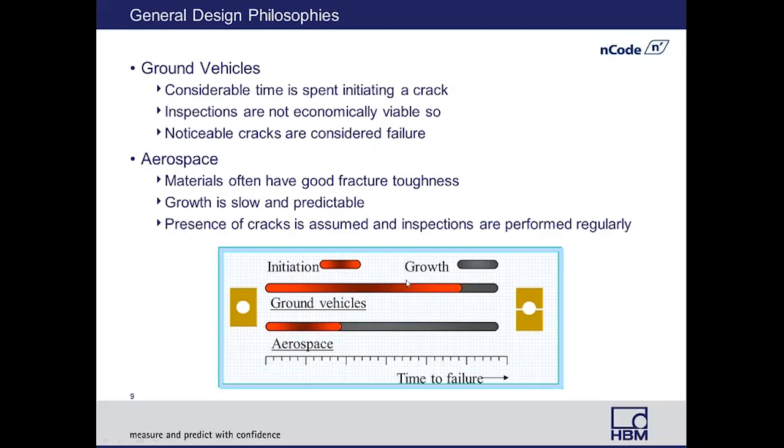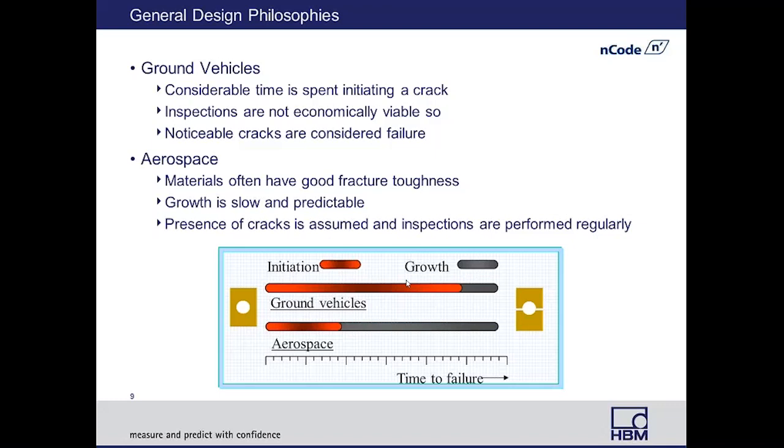The reason why parts are often designed like this in ground vehicles is because regular inspections are not very practical. We certainly don't take our vehicles in to be serviced and inspect for fatigue cracks. And also, the components tend to be made out of materials that are more rigid. They don't necessarily have the same type of fracture toughness that a component would have if it was actually designed to tolerate some crack growth.